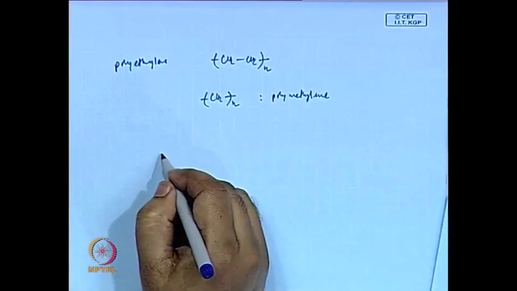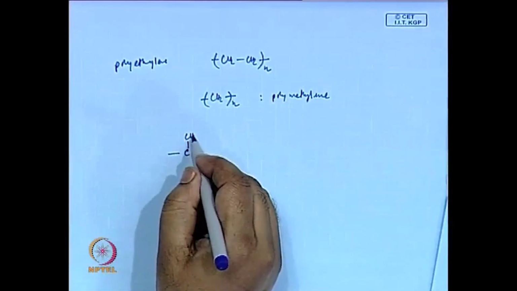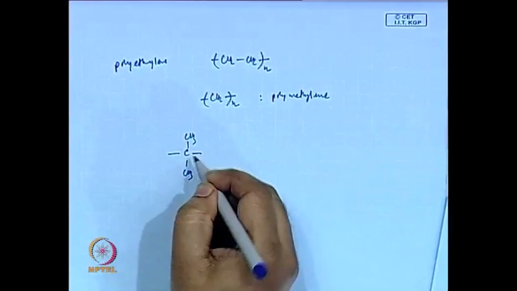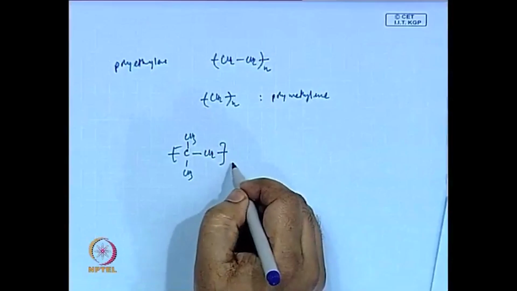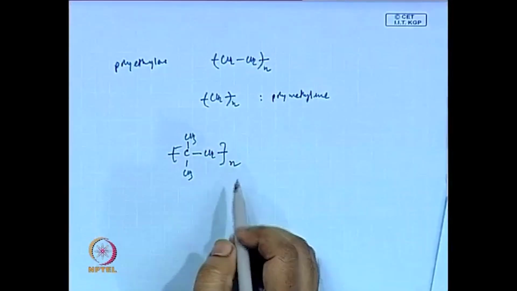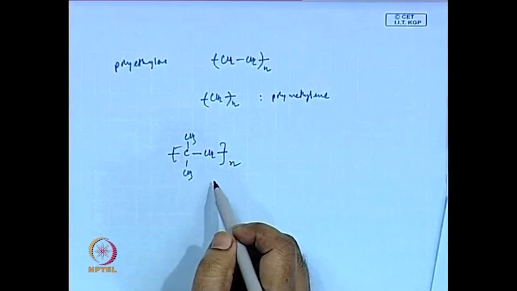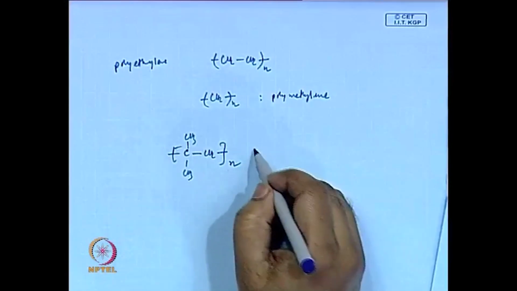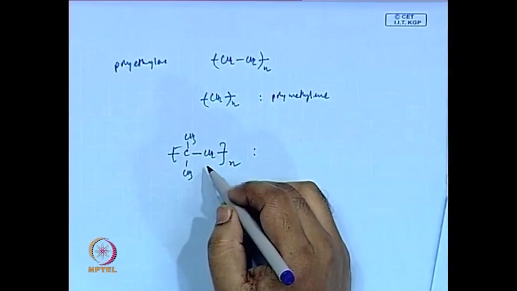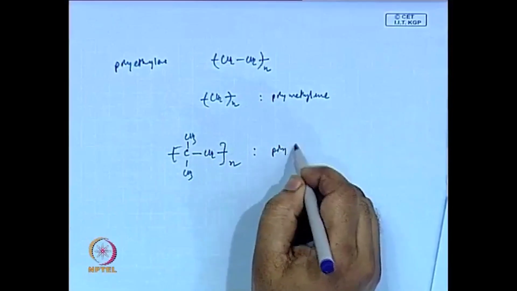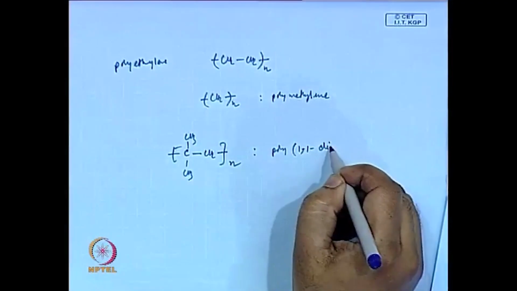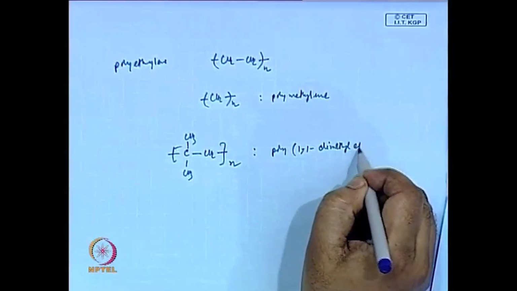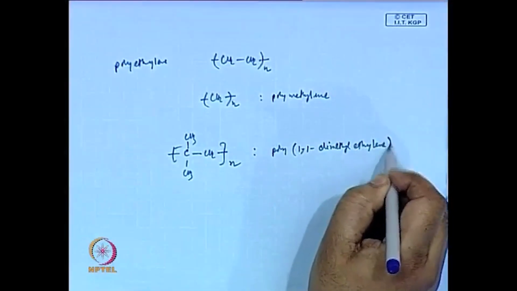So, how do you name this one? Commonly it is known as polyisobutylene, but according to IUPAC it will be poly 1,1 dimethyl ethylene.